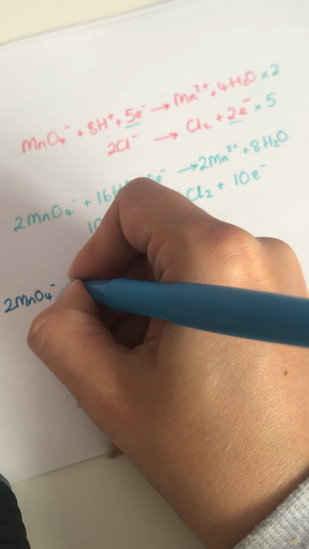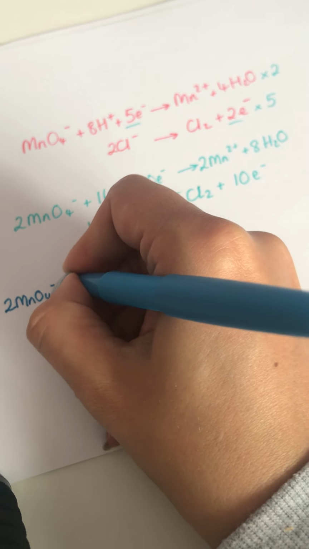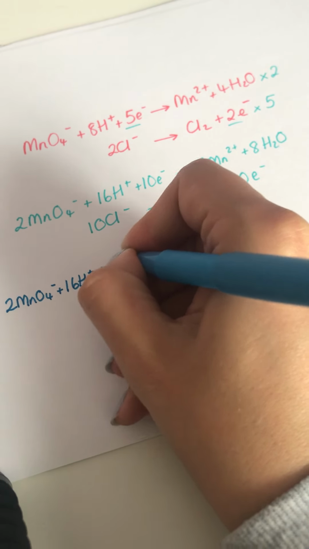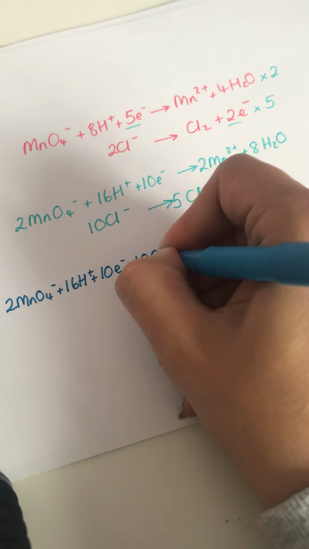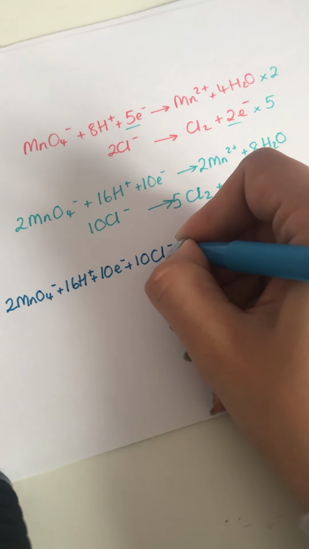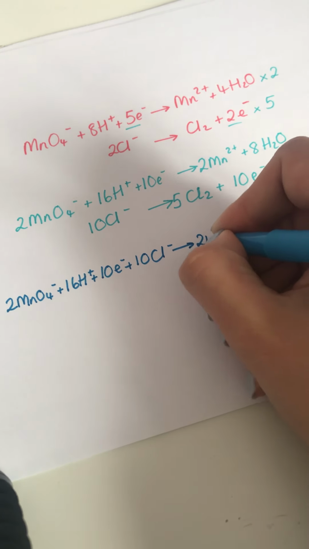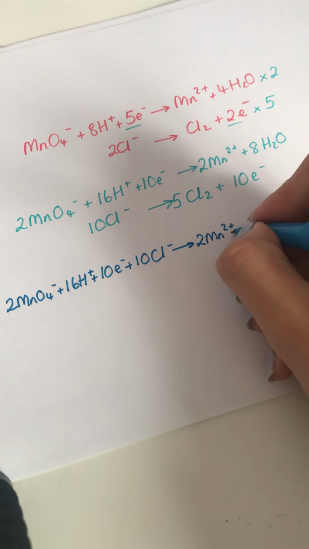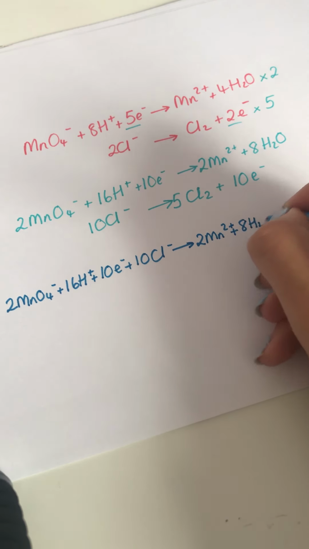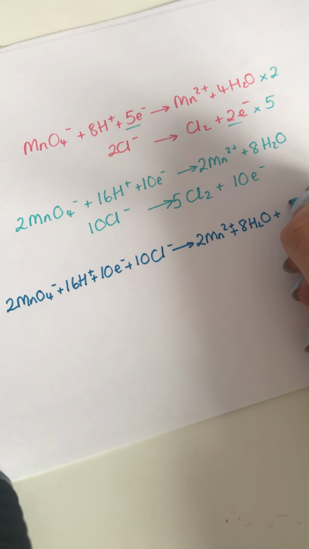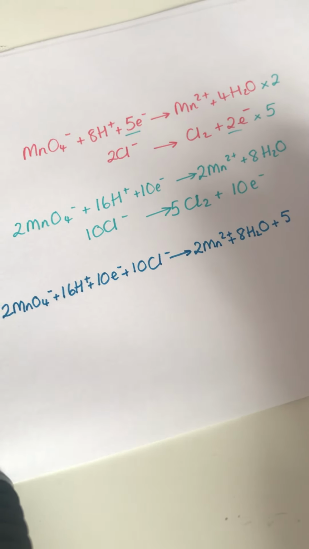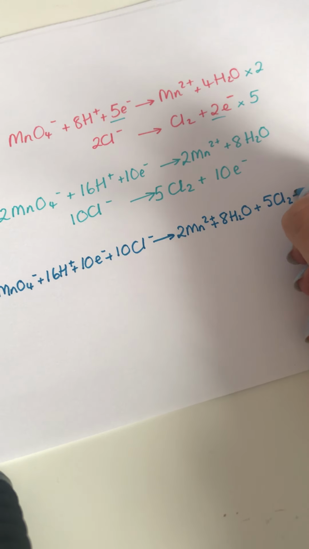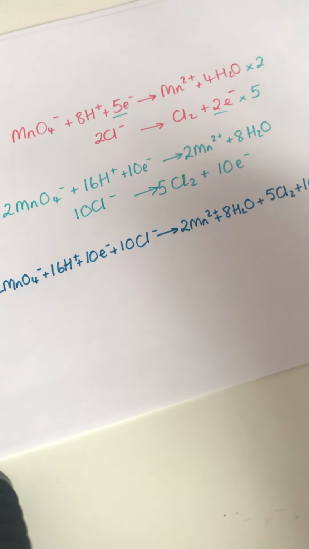We've got 2 MnO4- and 16 H+, and 10 electrons, and 10 Cl-, which will make 2 Mn2+, and 8 waters, and 5 Cl2s, and 10 electrons.